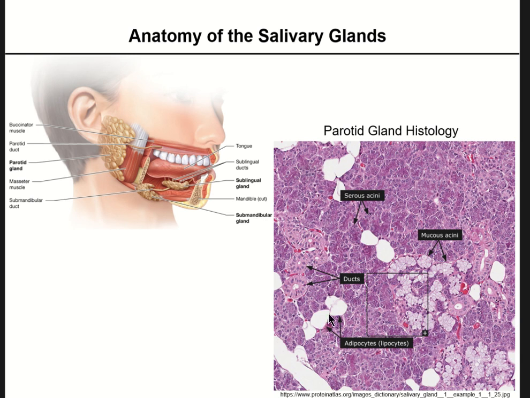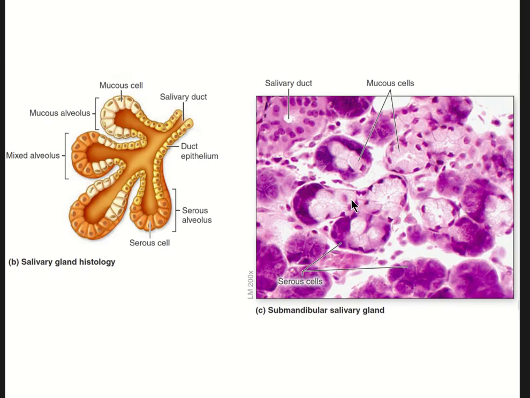So these are adipocytes, right? These are completely white lipocytes because remember, lipids don't take stain very well, right? It's just very greasy, it just kind of slides off. So you can see these adipocytes, but also in the pancreas slides, make sure you're looking for those islet cells, right? That cluster of islet cells. So if you don't see that and you see these adipocytes, chances are you're looking at a salivary gland.